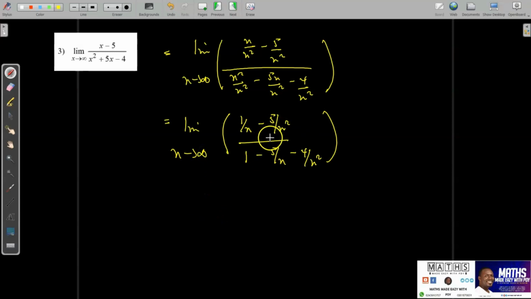So this is where we got to. At this point, the limit of the function will be affecting them separately.